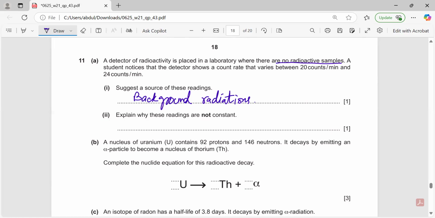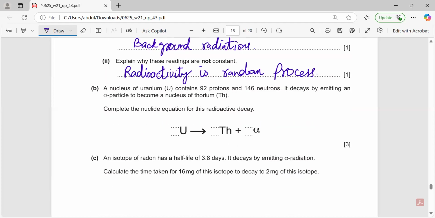Many times it is repeated. Whenever there is a minor difference in the values continuously, it is because radioactivity is a random phenomenon. So radioactive decay is a random process.